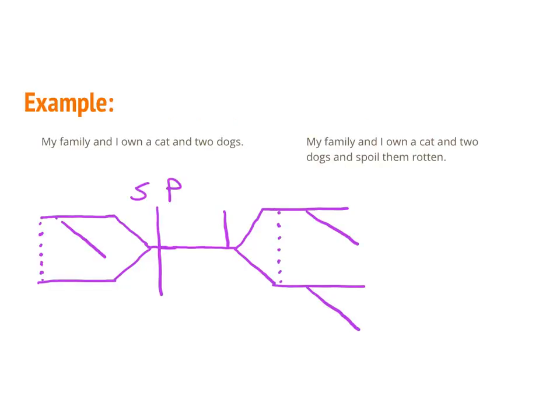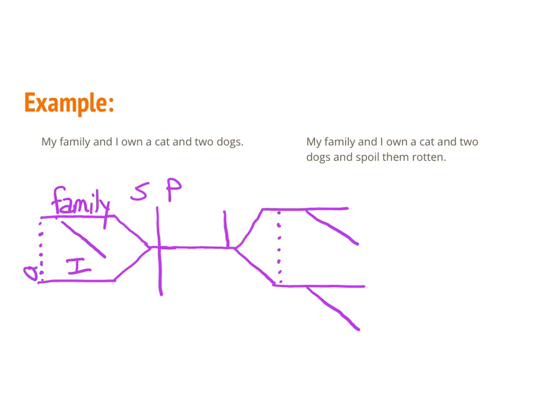For the first example, I've gone ahead and prepared the lines for you so that I can have them ready when I talk them out. So the first thing that I need to think about is this sentence says, my family and I own a cat and 2 dogs. Who or what is this sentence about? It's about family and I. Notice that it's got 2 subjects in it.